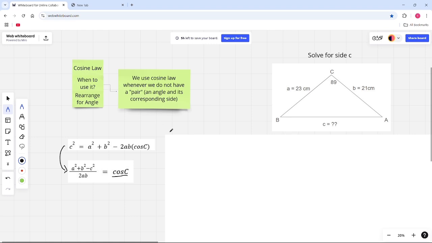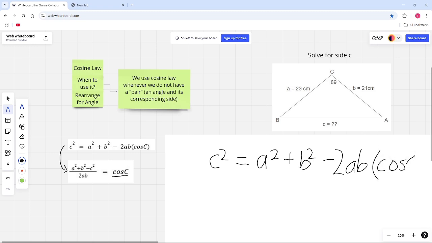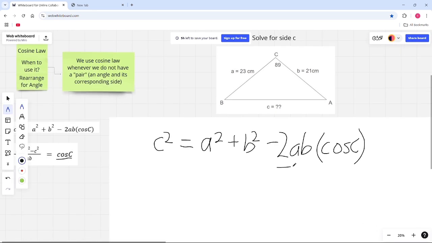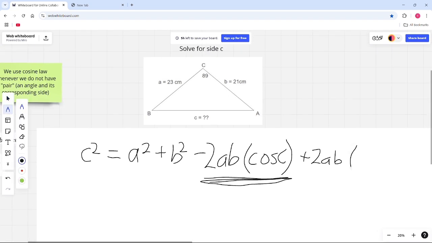Let's do that really quickly. So side C squared is equal to A squared plus B squared minus 2AB multiplied by cos angle C. Now, because this entire thing is one term, we can simply just add 2 multiplied by A multiplied by B multiplied by cos angle C. Now we just do the exact same operation on the other side.